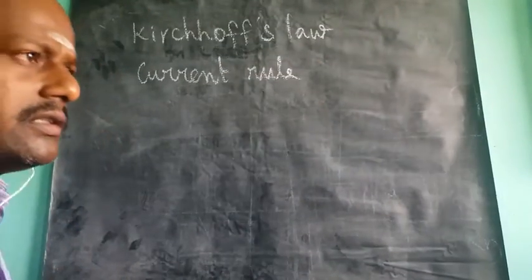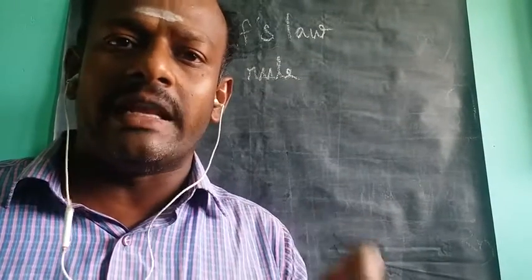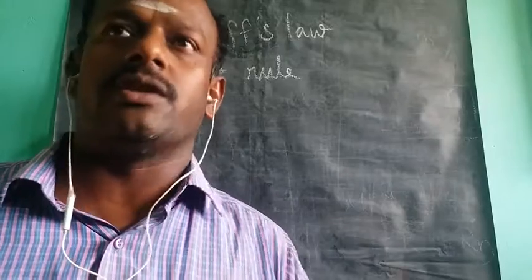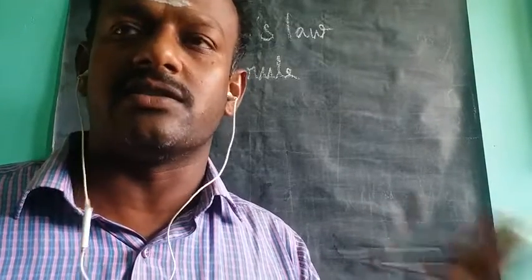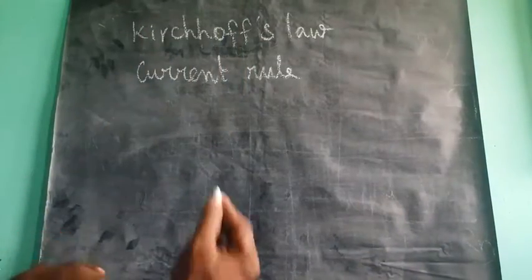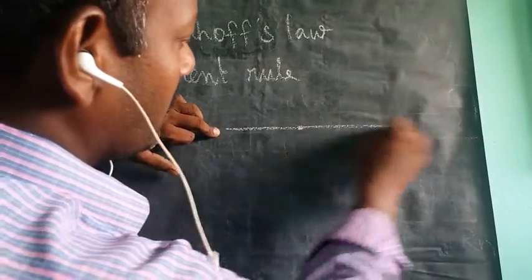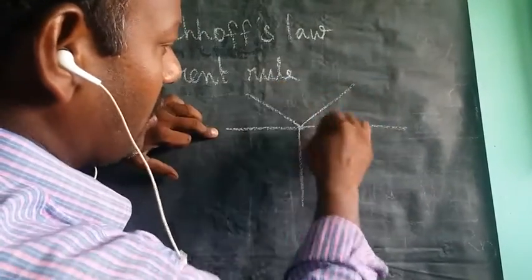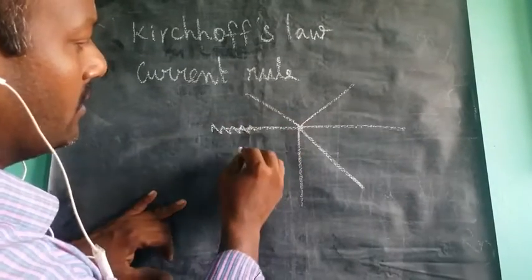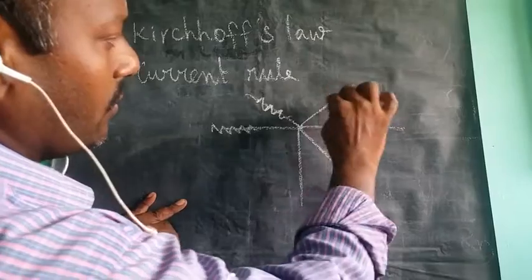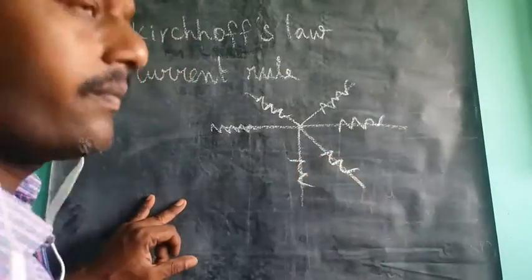It says that the current flowing through any junction will be 0, or at any junction the algebraic sum of the current is 0. What is its meaning? Suppose I have a junction like this with terminals like this, and here I have a resistance, and here also a resistance.